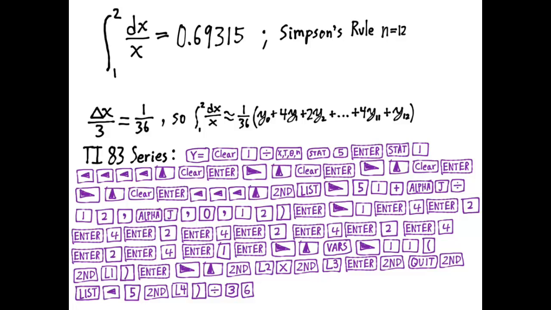When you press enter, you should see the result of the Simpson's rule calculation. If you round it to 5 places, you should get 0.69315. Did you get 0.69315?